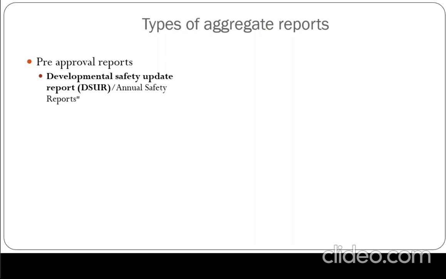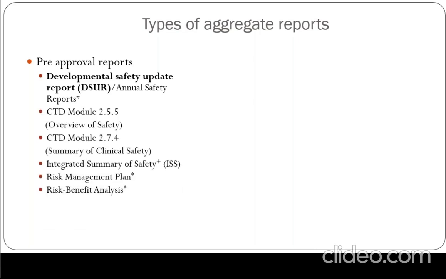So when there is a CTA submission, there is a DSUR which goes in after 60 days and is submitted at a frequency of 1 year, along with the CTD module.